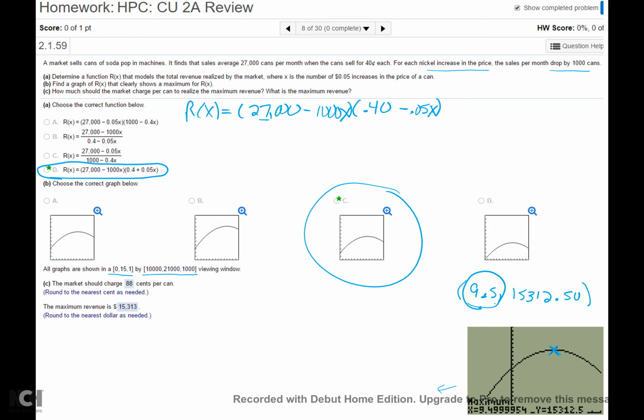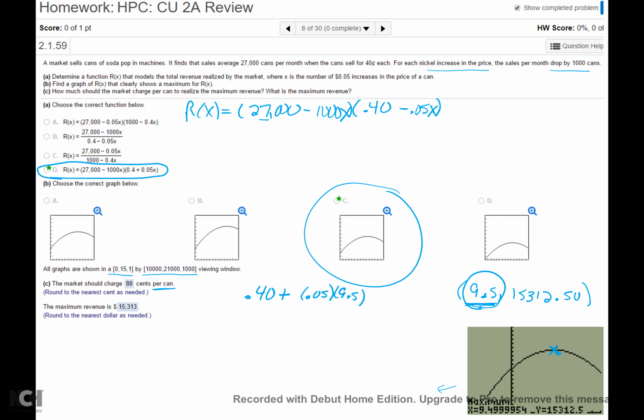If we raise the price 9.5 times, okay, that's going to maximize my profit. So they're telling me that this will be my x. But what should I charge for each can? Well, right now I'm charging 40 cents, but I'm going to increase that 9.5 times. I'm going to increase that by a nickel, which is 5 cents, but I'm going to do that 9.5 times.